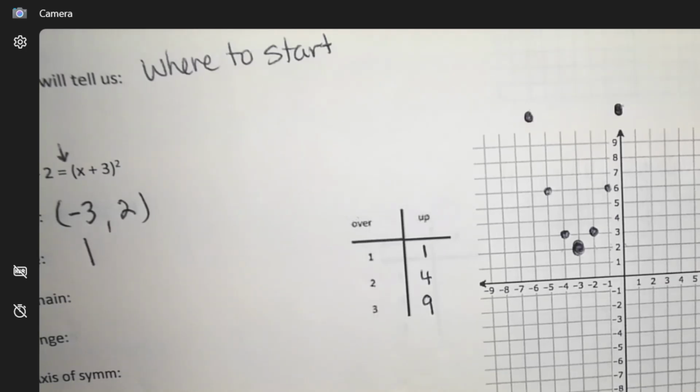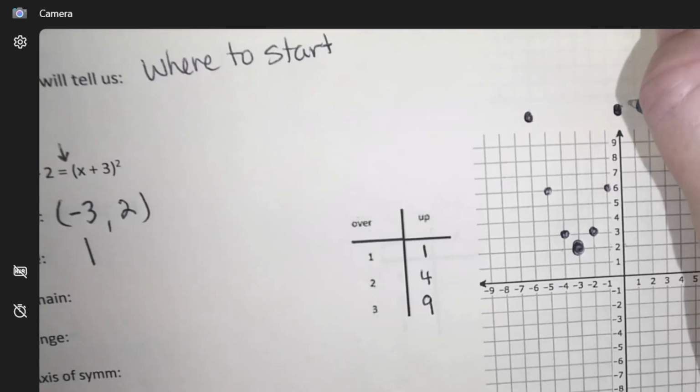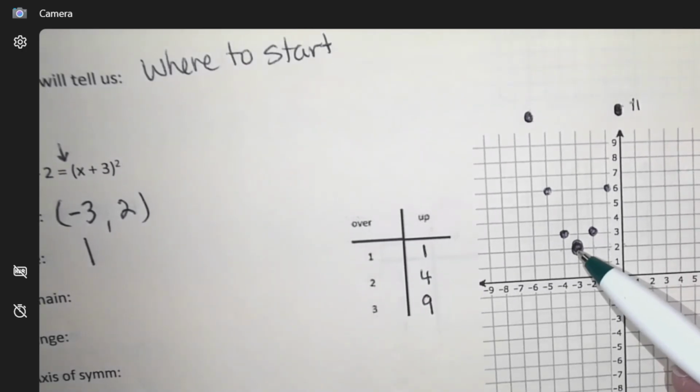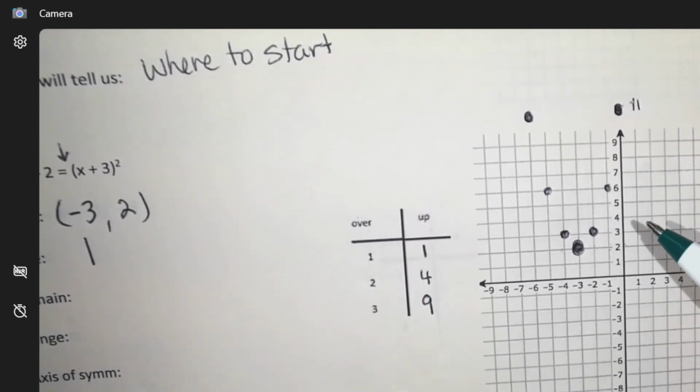The height of that would be exactly what number would you get to as a height? Anybody know the number of height? 11, yep. Because this height had 2, and then we went up 9, right? So we're at 11. Okay, when I draw it, should I be curvy or should I be pointy V? Curvy.